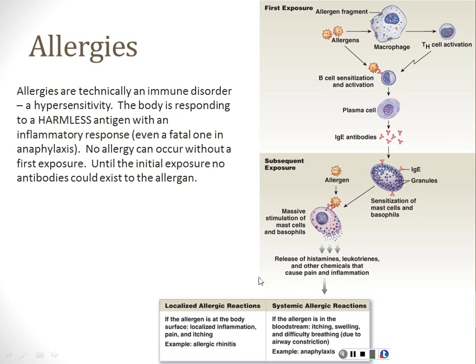Now, in some people, a subsequent exposure can cause a systemic allergic reaction. We call this anaphylaxis. So the classic examples here are bee stings, shellfish, and in some people, peanuts.